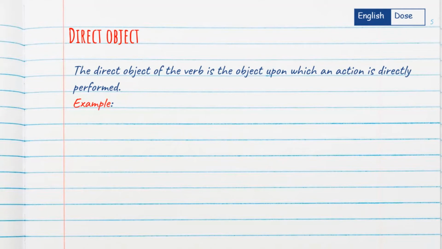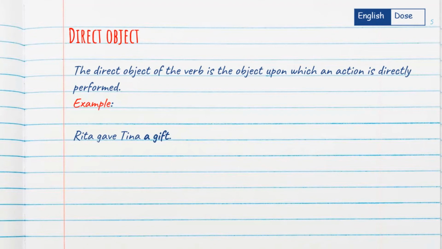Example, Rita gave Tina a gift. In this example, we can see two objects, direct object and indirect object. Now we are going to learn about direct object. Rita gave Tina what? A gift. So the answer would be a direct object.